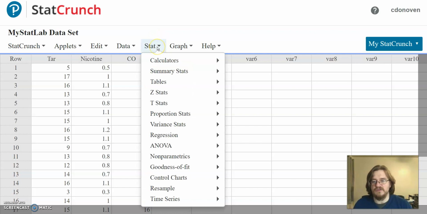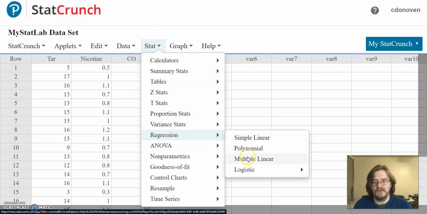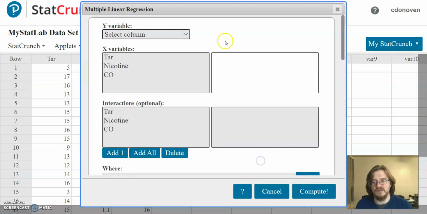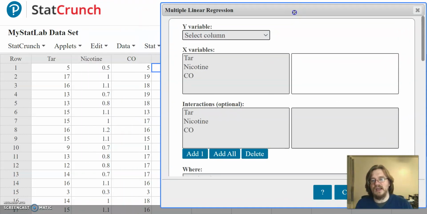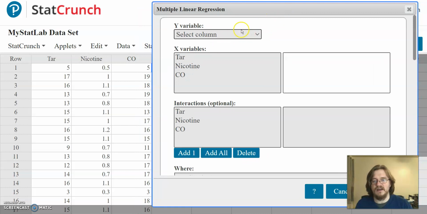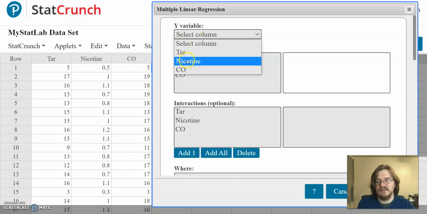So we'll come to Stat. We go down to Regression, and we have Multiple Linear Regression. We have more than just one predictor and one response, so we use multiple linear regression. Looking at the linear regression, we want to predict nicotine.